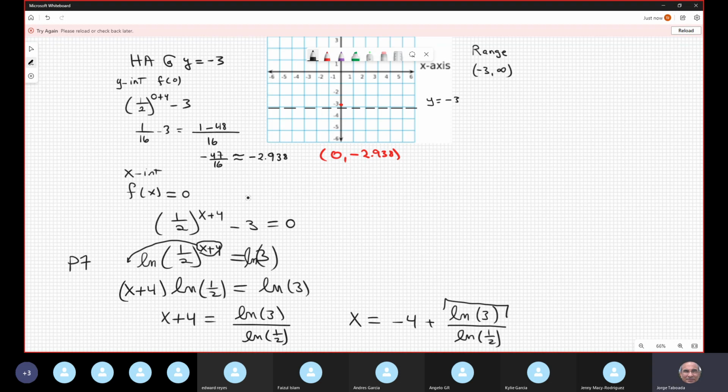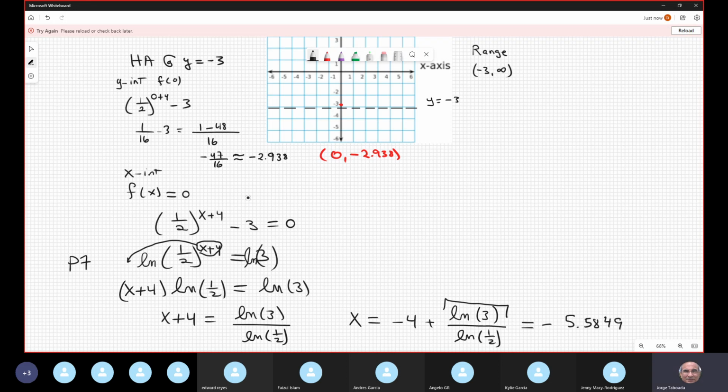Remember, any logarithm of a number less than 1 gives a negative number. So it's actually negative 4 minus 4... and the answer is negative 5.585, approximately, rounded to 5.5849.